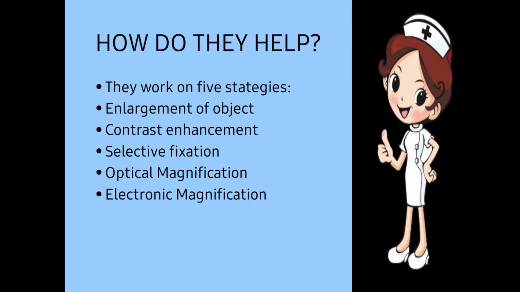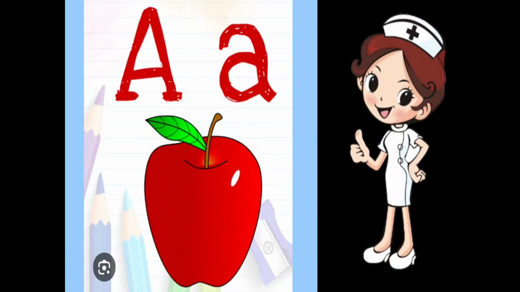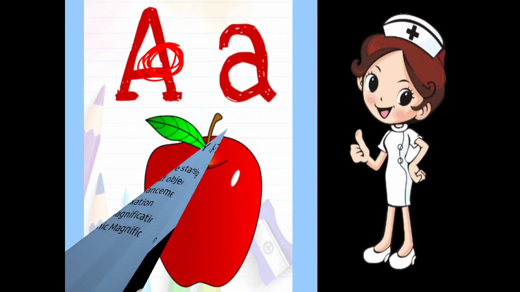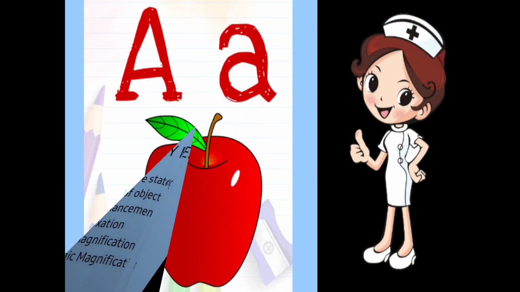Next one is contrast enhancement. The brightness of a thing increases. Next one is selective fixation. For example, we are supposed to fixate only at this point, and we can fixate at this point only with the help of low vision aids. Optical magnification also gives magnification; it magnifies the numbers or anything else.